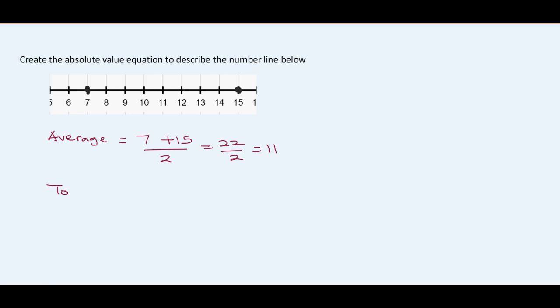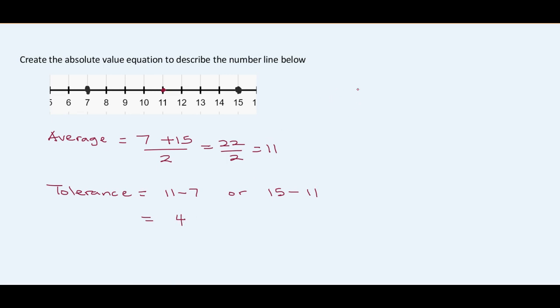So our tolerance is going to be the distance between the middle, which is right here, and any of the points given. So tolerance is going to be either 11 minus 7 or 15 minus 11. Either of these will give you 4.